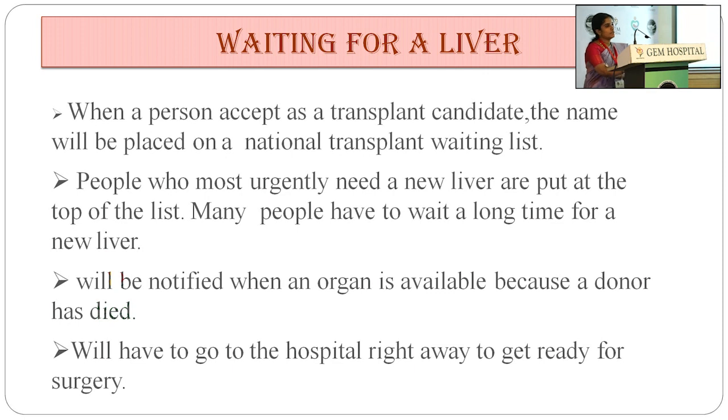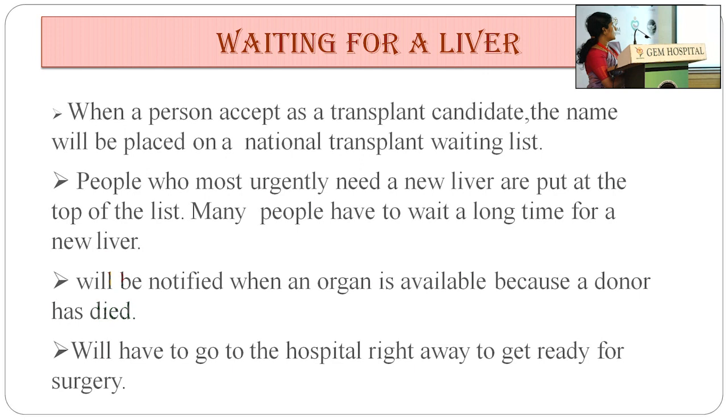Then regarding waiting for a liver, this applies in the case of deceased donor liver transplant surgeries. When a person is accepted as a transplant candidate, the name will be placed on a national transplant waiting list. Most people need to wait a long time to get a new liver.